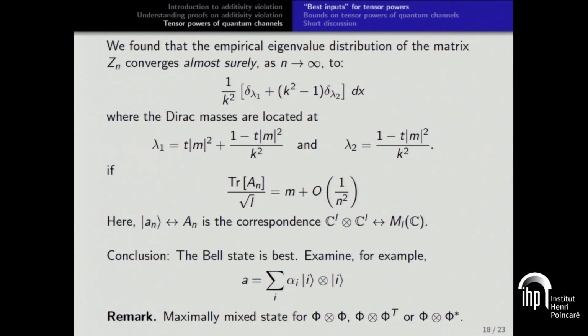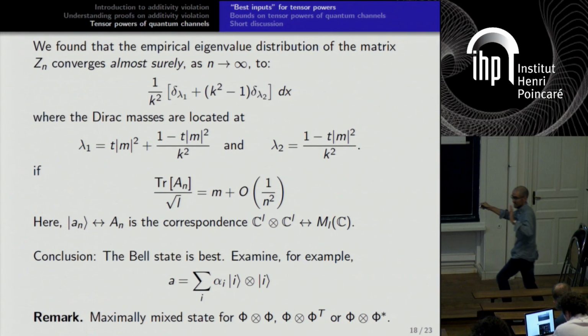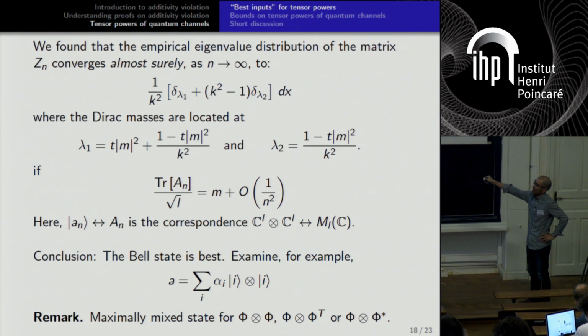And what is this? Suppose this A is maximally entangled like this, and we have some coefficients here. The corresponding matrix to this vector A is a diagonal matrix with entries alpha_i. Suppose we have a Bell state here, then the alpha_i are all 1.